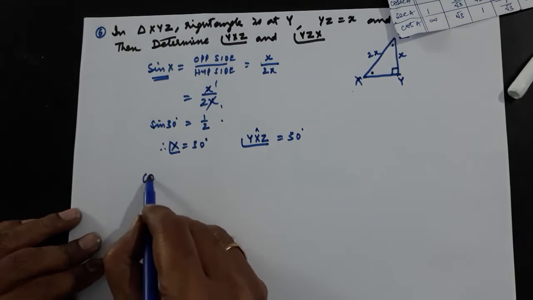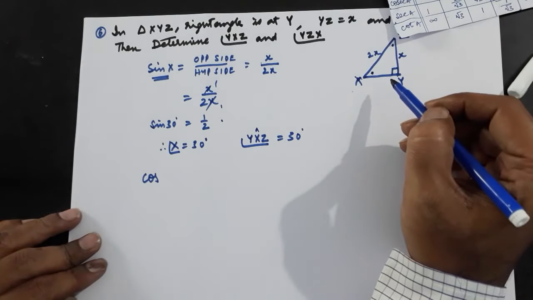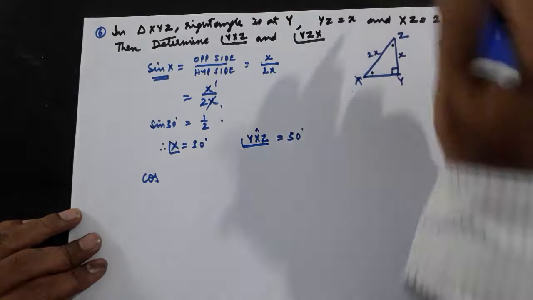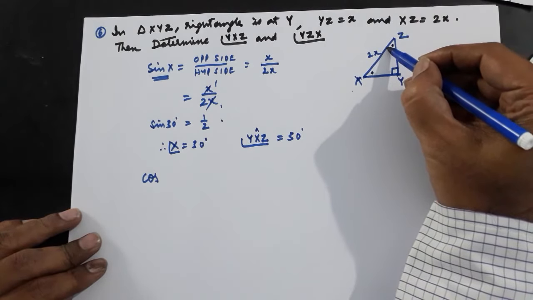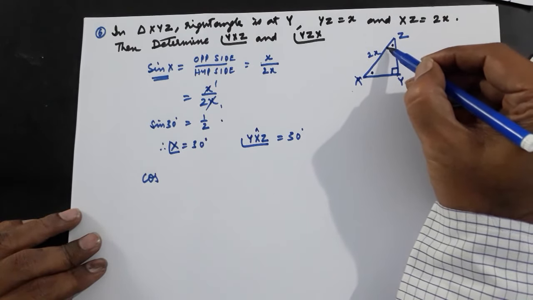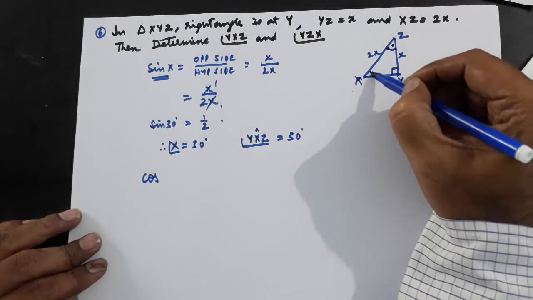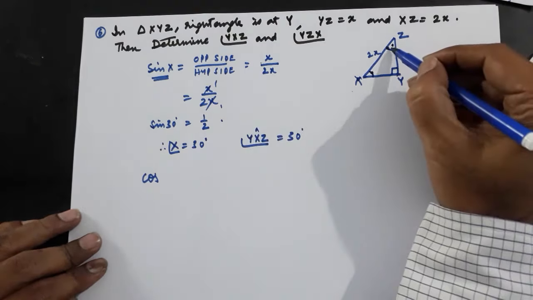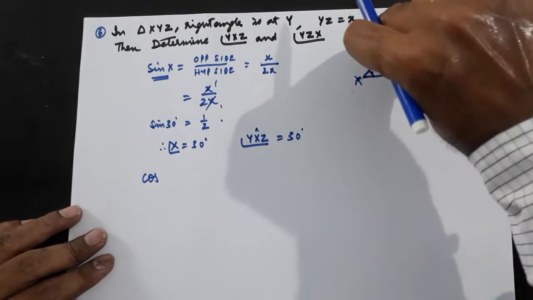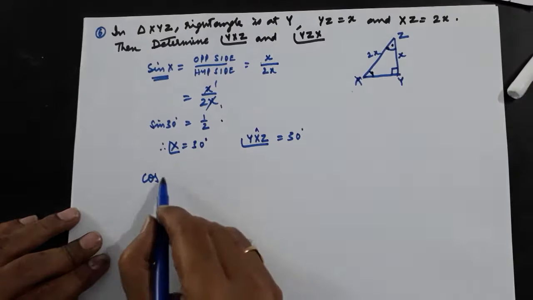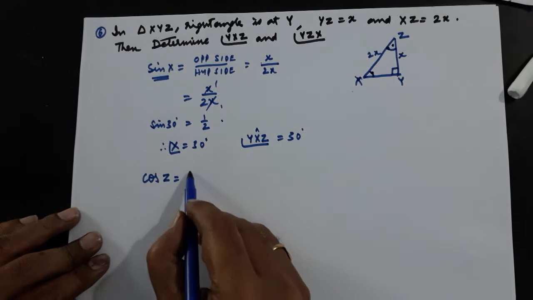We take cos of z. We need this angle actually. We got this as 30 degrees, and now we are finding this one. For cos z, what is cos z?